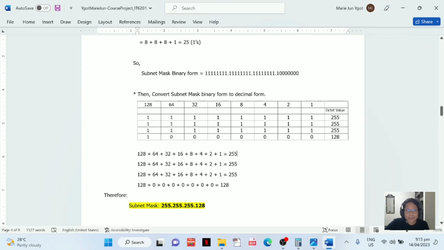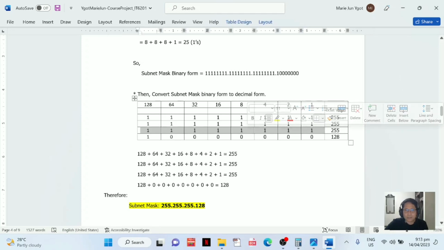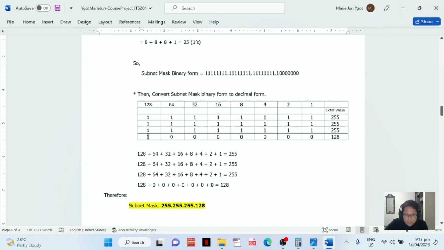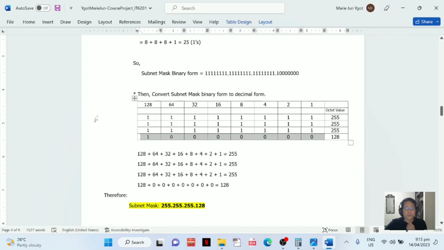We are going to plot these 8 ones on the first octet, and also on the second octet, and also these 8 ones on the third octet, and also the last one into the fourth octet. So we're going to calculate.